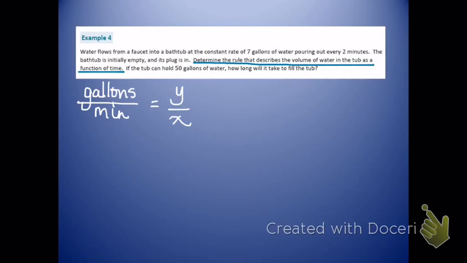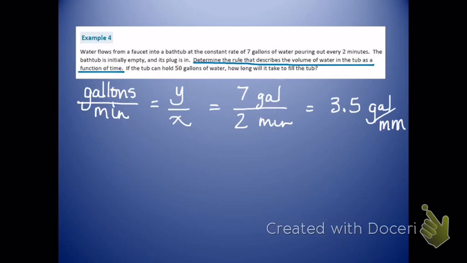Y in our rule is going to stand for gallons and X is going to stand for minutes. So that'll be Y over X. It's a constant rate, we're told. And so we know that we can use this 7 gallons every 2 minutes as a constant rate. So that would be 3.5 gallons per minute.